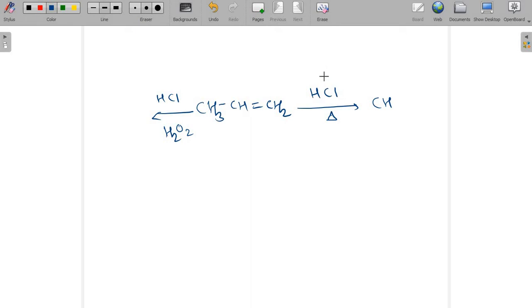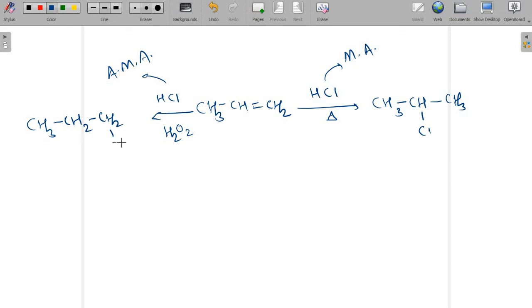According to Markovnikov's addition, this gives CH3CHClCH3, and according to anti-Markovnikov's addition, the product is CH3CH2CH2Cl. If you see these two products, this is the first, second and third carbon, and here also 1, 2 and 3.